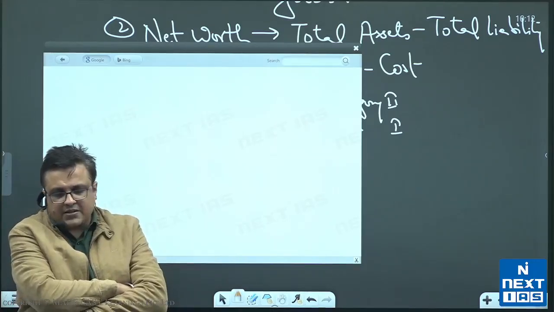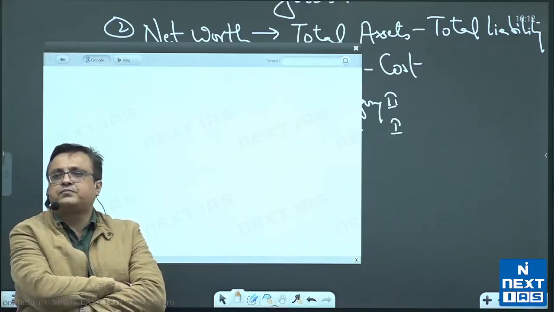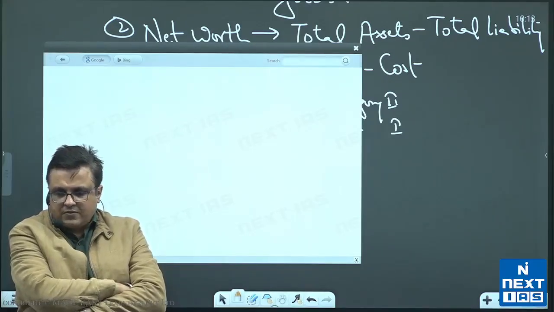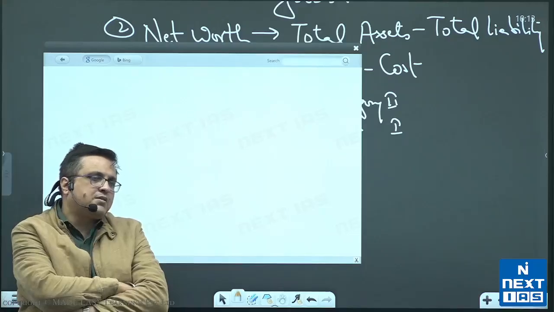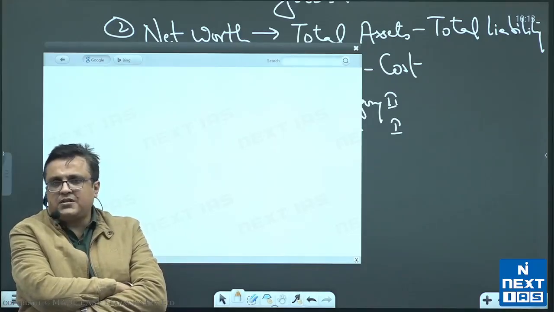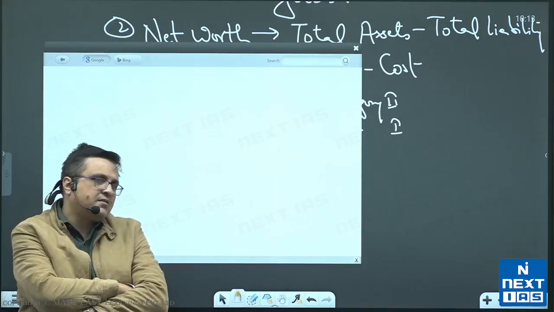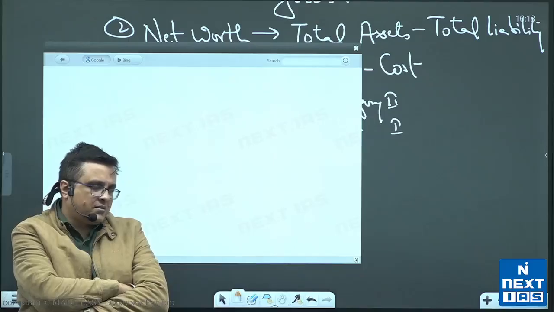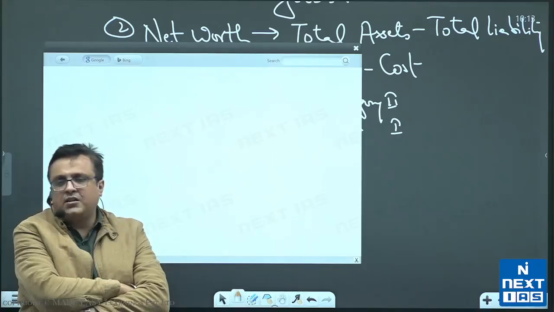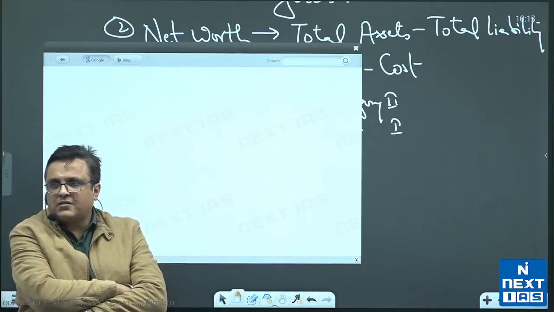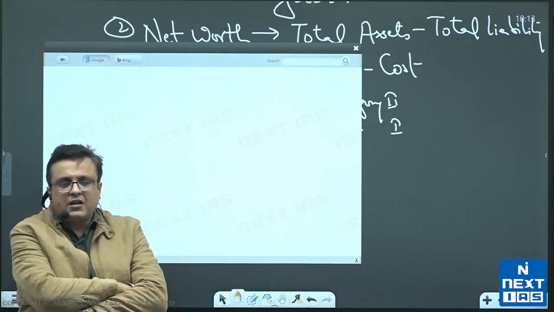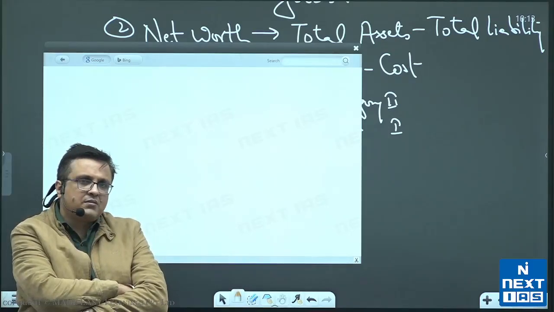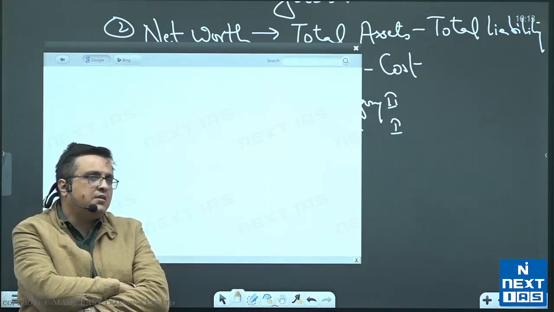So all those central public sector units which have a positive net worth, positive net worth means assets more than liability, and which earn profit for 3 consecutive years are included in this category.